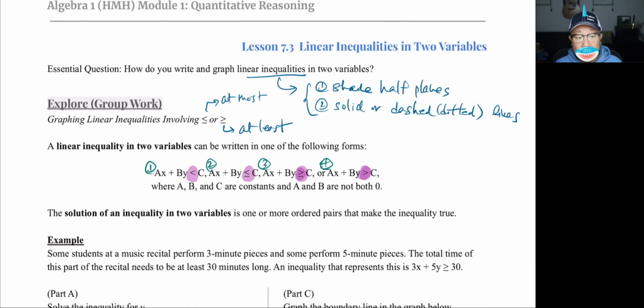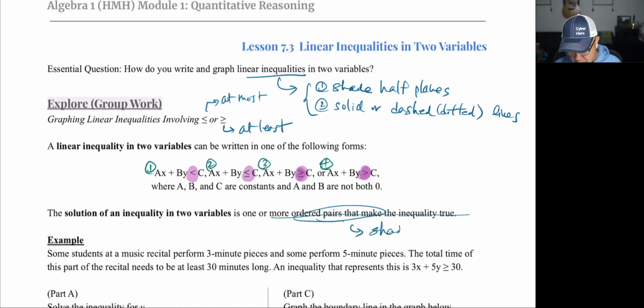And a solution to the inequality in two variables is one or more ordered pairs that make the inequality true. That's a way of saying that we're going to shade a half plane.